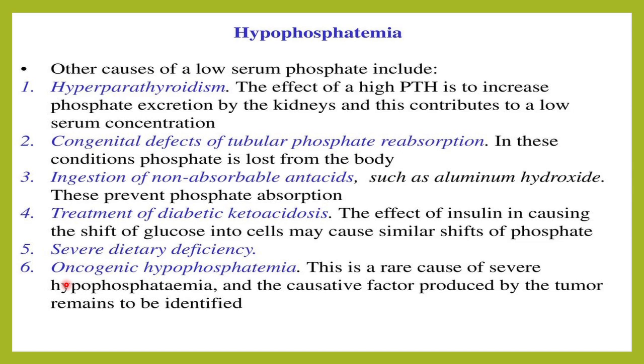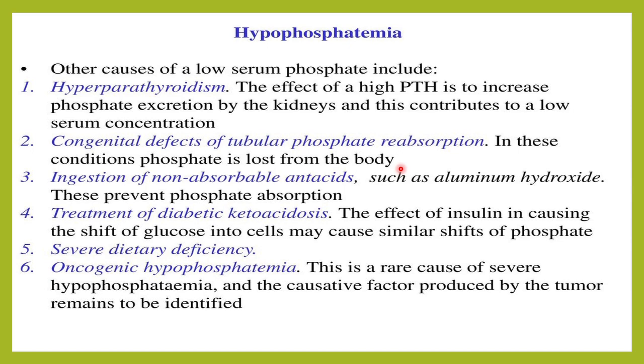Whenever there are congenital defects of tubular phosphate reabsorption, you know that the kidney plays an important role in reabsorbing these phosphates. So if there is any defect in the absorption itself, most of the phosphates will be lost, and then there would be deficiency of the phosphates.